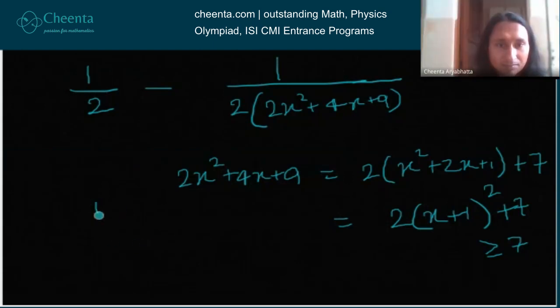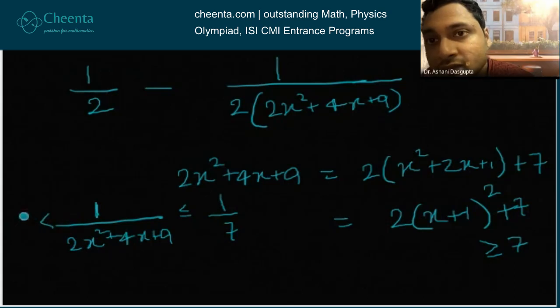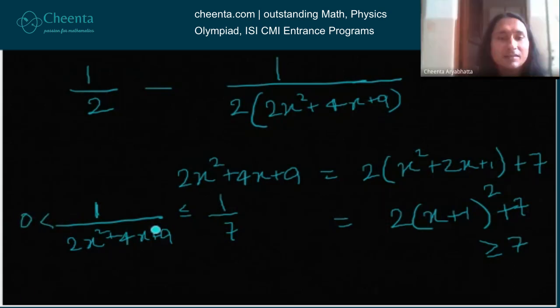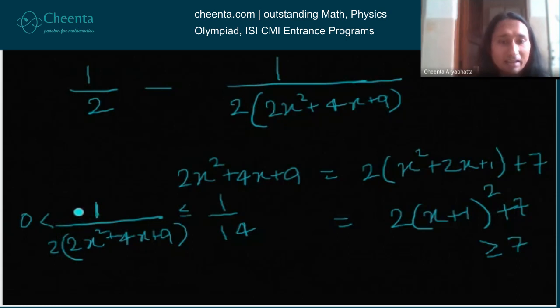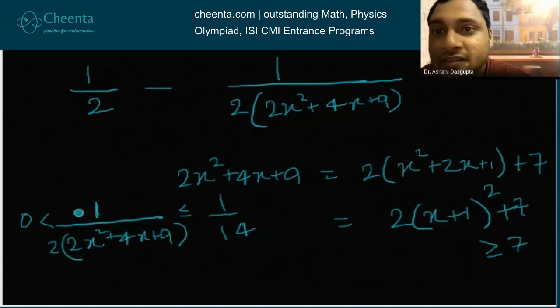Therefore, the reciprocal of 2x squared plus 4x plus 9 is less than or equal to 1 by 7 and greater than 0. Then we can multiply by 2 here to get 14. Then we take a negative, which reverses the inequality.